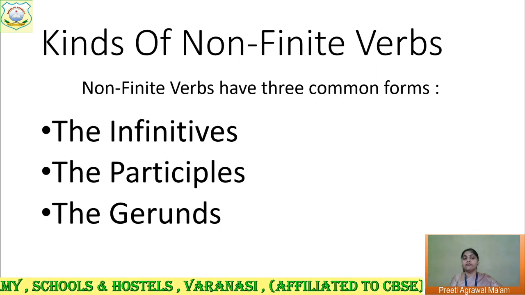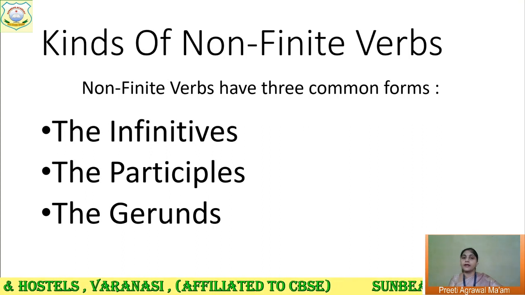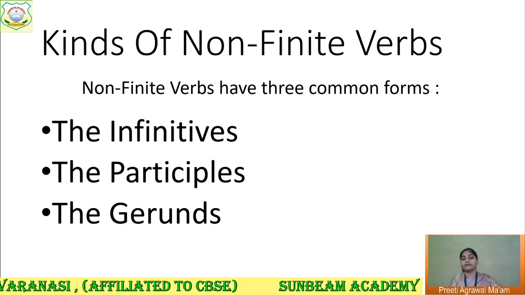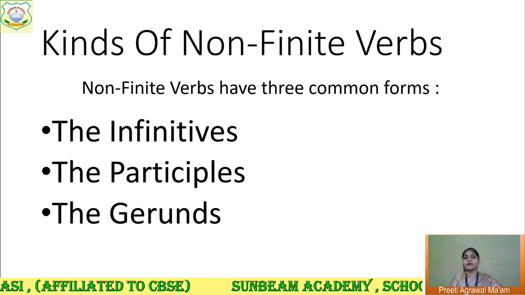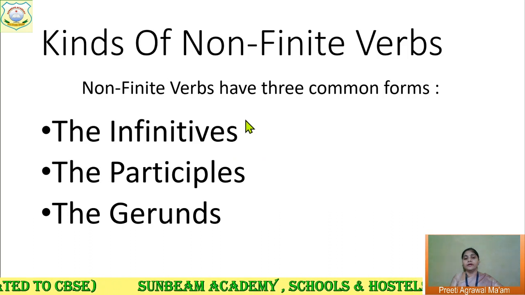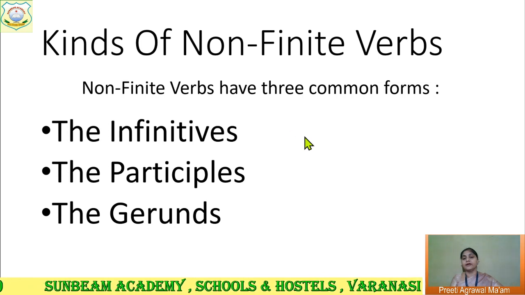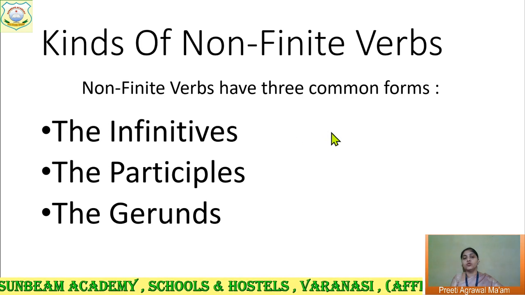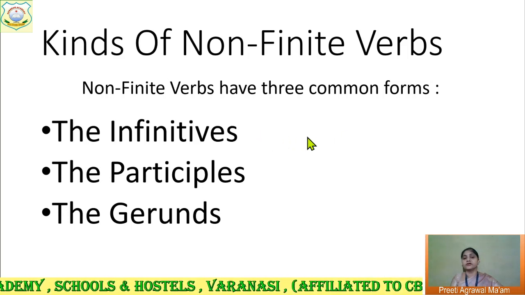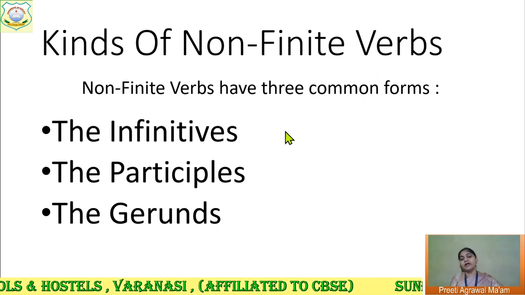It means that infinitives may be written without using to, and those are called bare infinitives, B-A-R-E. Clear? So infinitives may be written using to, or without using to. That's why there is a confusion, but there will be no confusion when we discuss it in our next class.